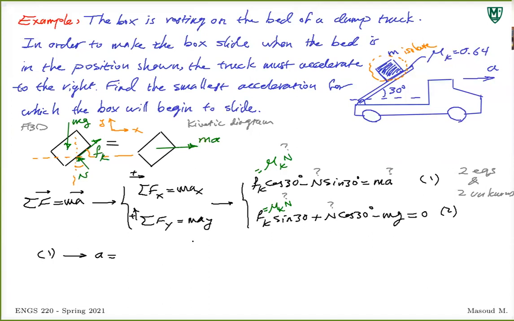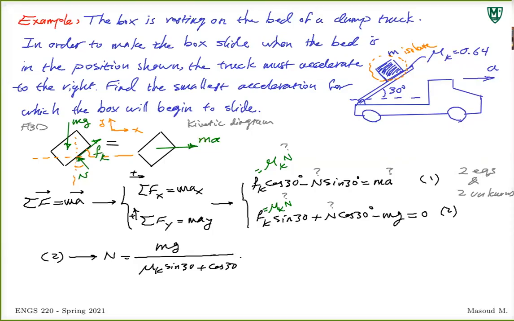Looking at this, we can find the acceleration from the first one, or maybe let's just start with the second one, because we can find N from the second one. So N becomes, moving things to the other side, mg over mu k sine 30 plus cosine 30.